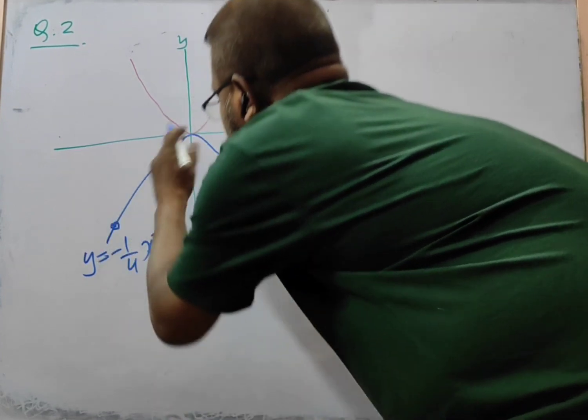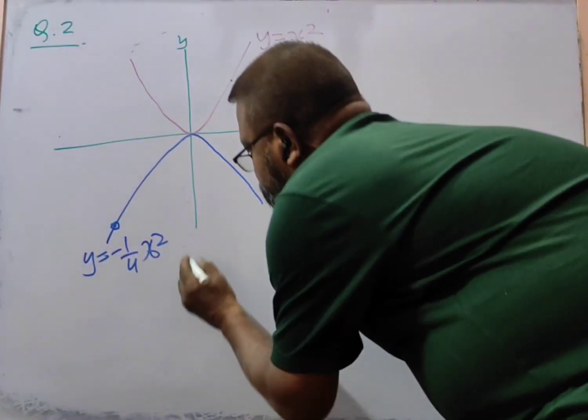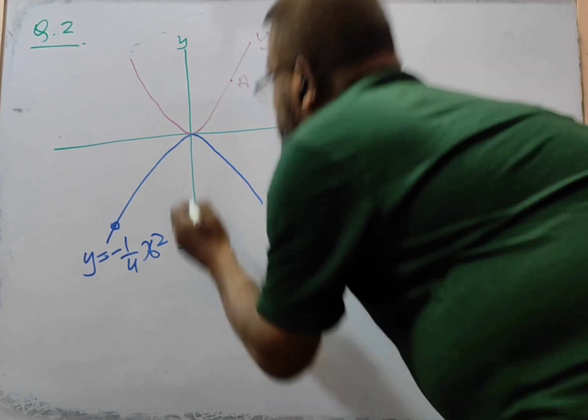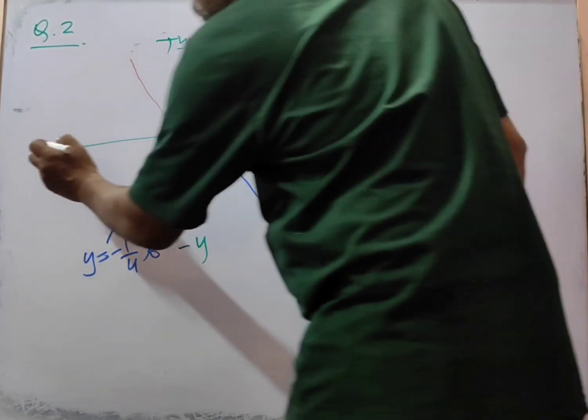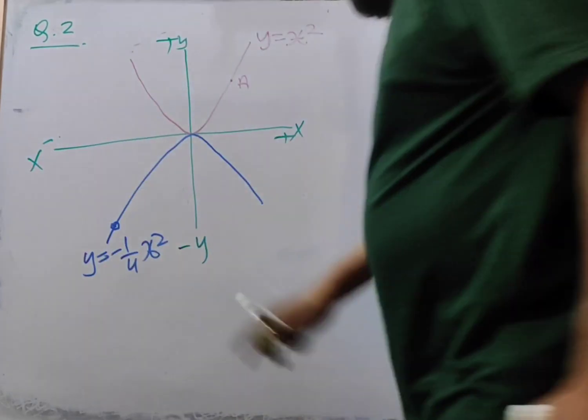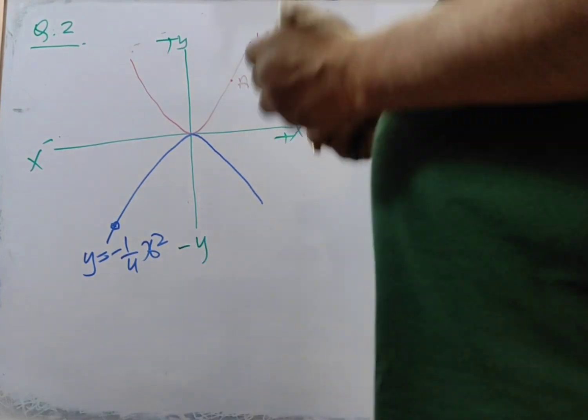Yeah, it is towards the negative side. This is the negative side of the y-axis, y negative, y positive. This is x positive, this is x negative. So that's why this is the equation of the parabola, right?